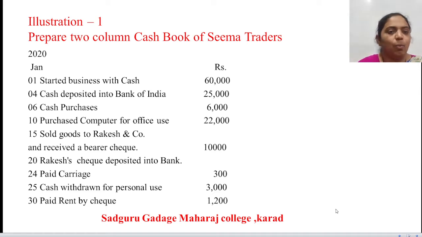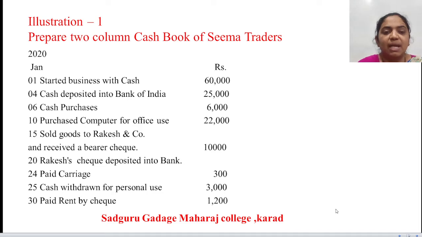2020 Jan 1, started business with cash rupees 60,000. 4. Cash deposited into Bank of India 25,000. 6. Cash purchases rupees 6,000. 10. Purchase computer for office use 22,000. 15.